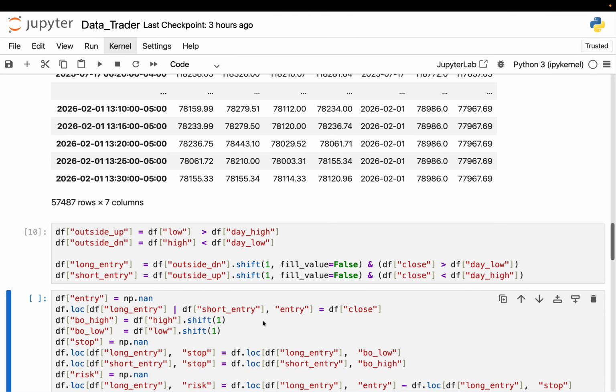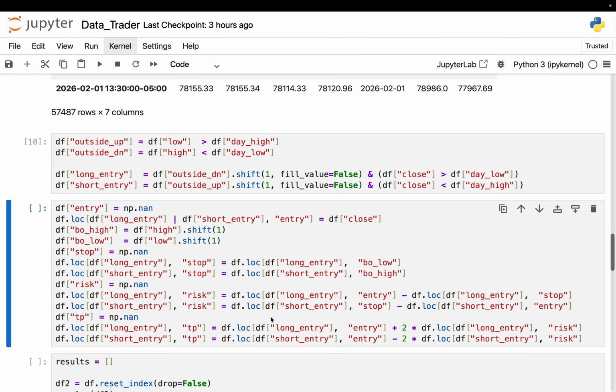Next, we are just defining trade parameters. This looks like a lot, but this is actually super straightforward. Entry is just the close of the entry candle. The stop is based on the breakout candle extremes. And the breakout candle is the previous bar, so we are using shift 1 here, as you see. Now, for long entries, the stop is the breakout candle low.